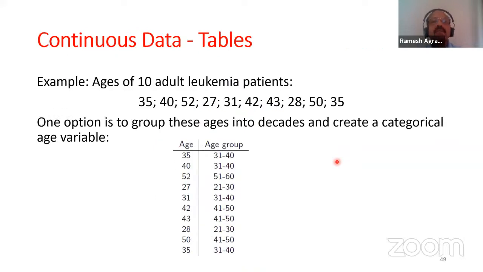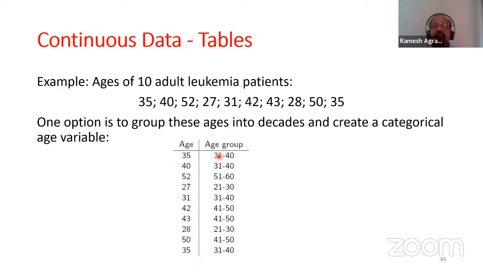Now, sometimes you are given the data, and for better analysis you divide the ages into many groups. So you can make age groups like 20 to 25, 25 to 30, 30 to 35, 35 to 40, and then find out the frequency of each group.